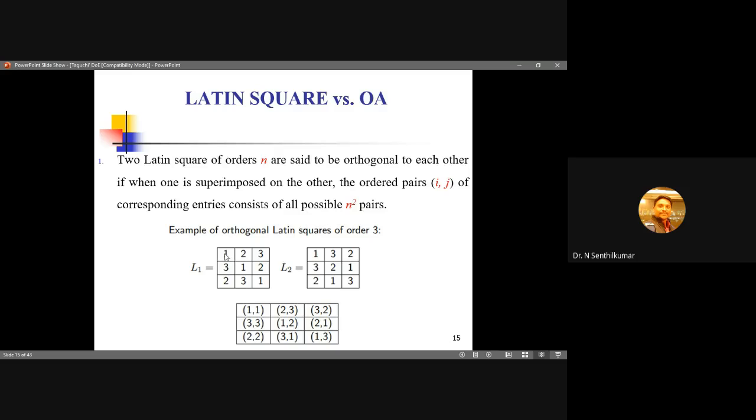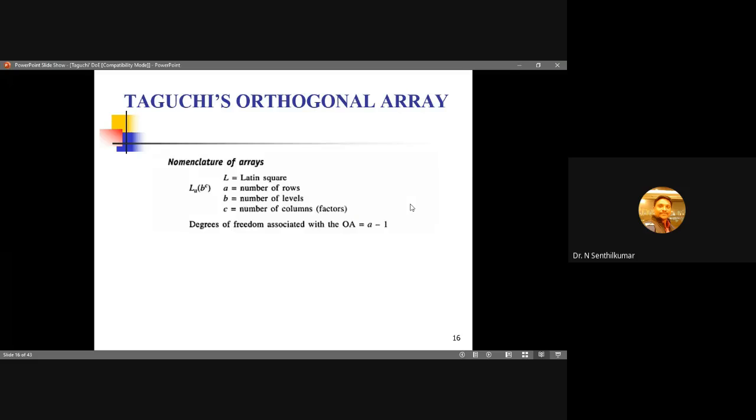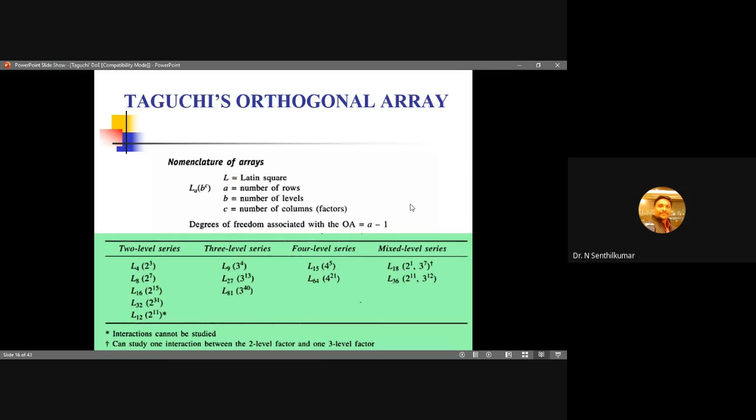So the first row becomes 1, 1, 2, 3, 3, 2, and so on. So 2 Latin squares are superimposed on one another, so that n square pairs are formulated. Based on this only, Taguchi has designed this orthogonal array.